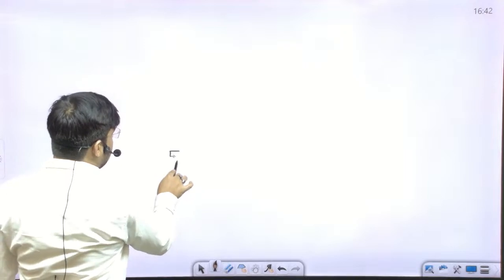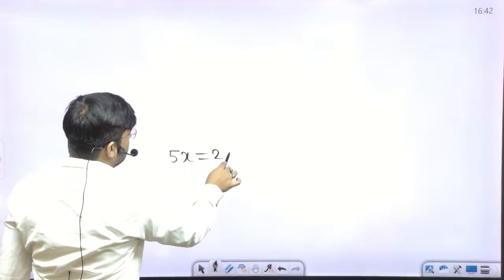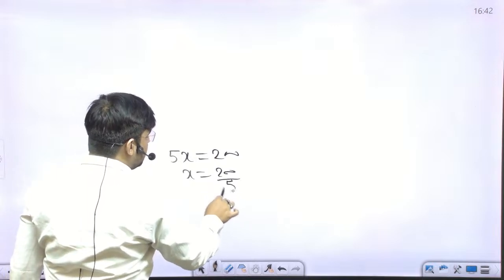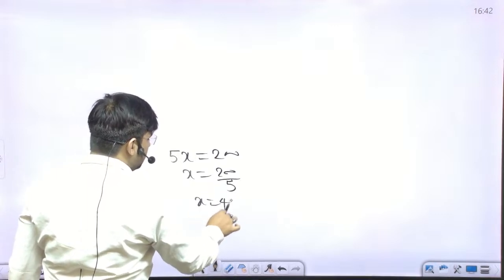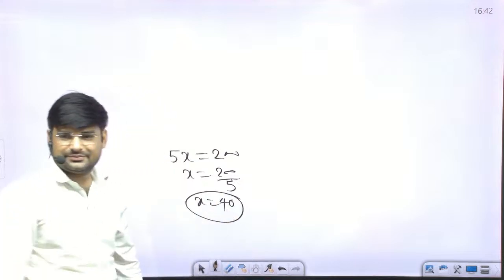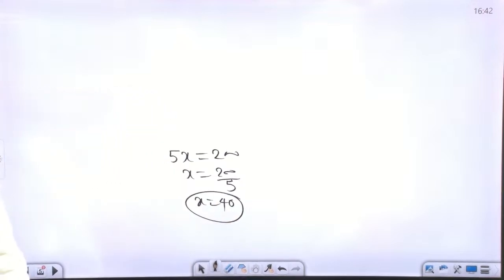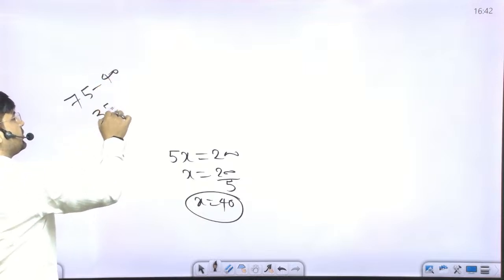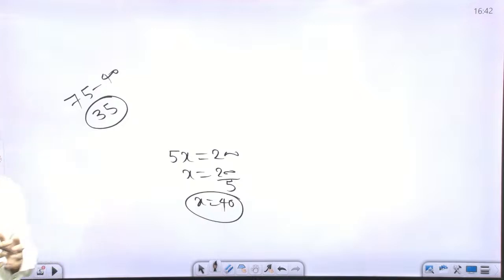So 5x equals 200, x equals 200 upon 5, x equals 40. 40 is the correct answer. 40 right questions, and 75 minus 40, 35 is incorrect questions. Clear?